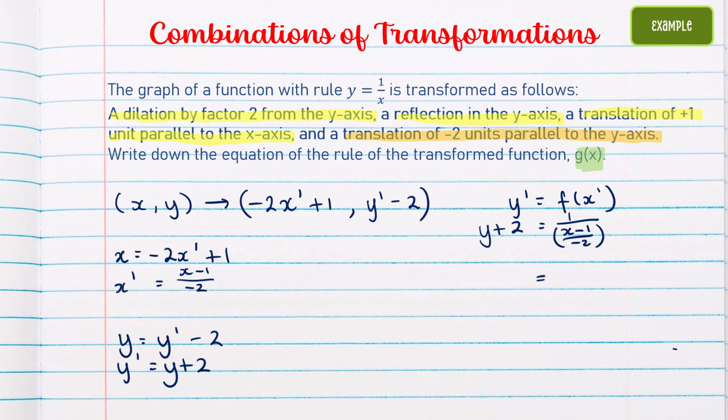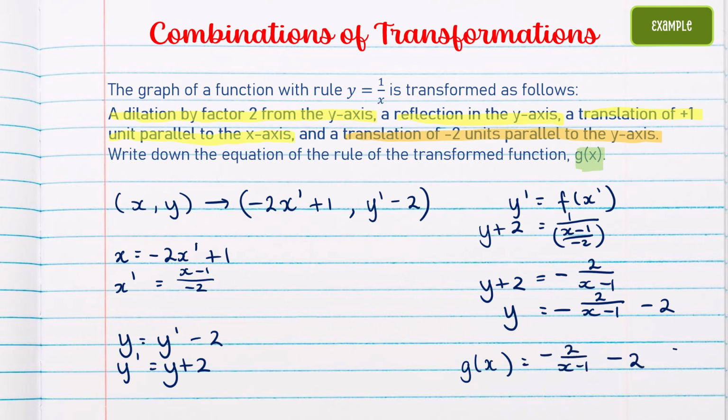Now what that means, if you were to do your keep flip change, our negative can stay out the front in this case, but we'd have negative 2 over x minus 1 is equal to y plus 2. So y is equal to negative 2 over x minus 1 minus 2. Okay, so our final transformed function is negative 2 over x minus 1 minus 2.